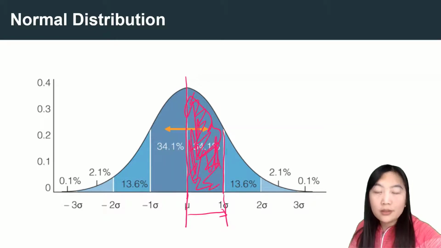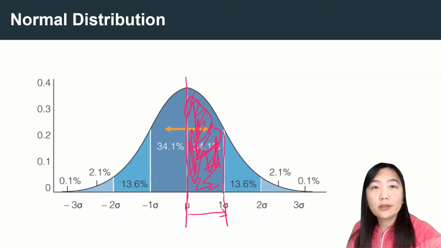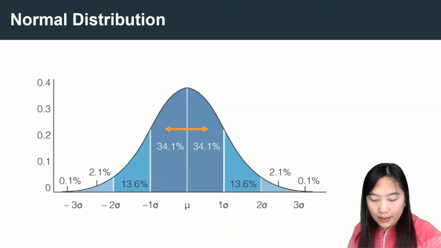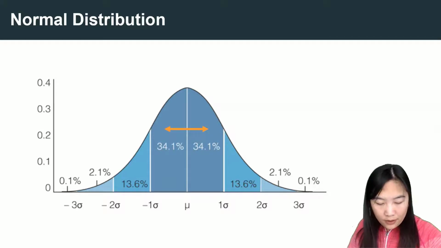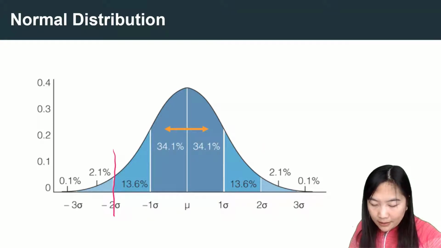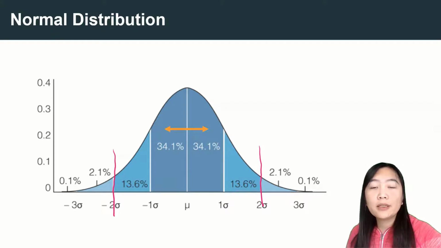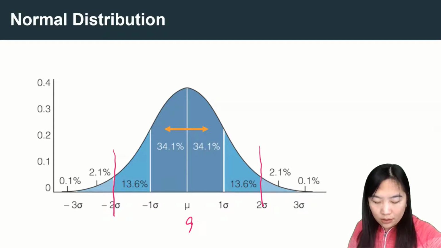For this range, the probability is 34.1%. And as you can see, for a normal distribution, within plus and minus 2 standard deviations of the mean, the probability is very high, close to 95%.